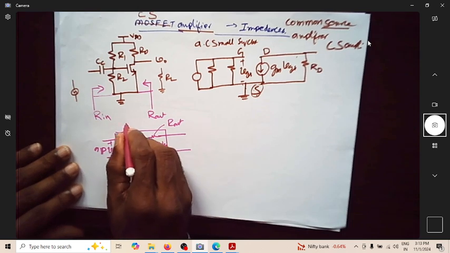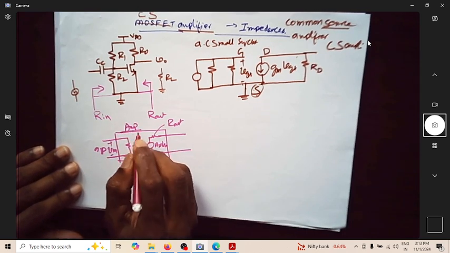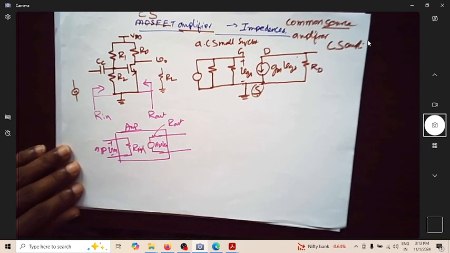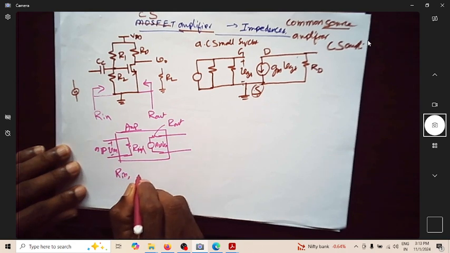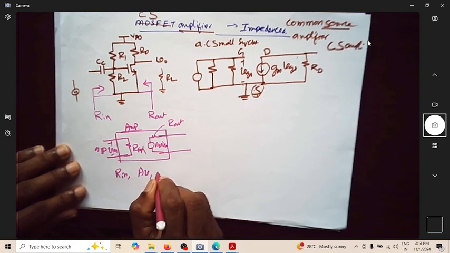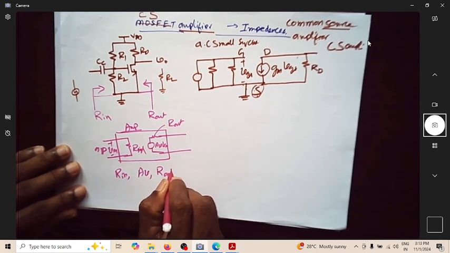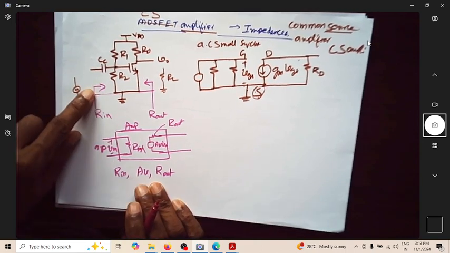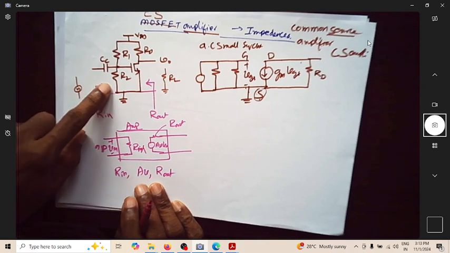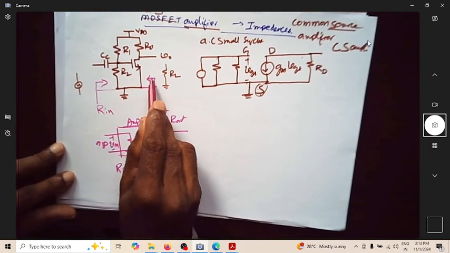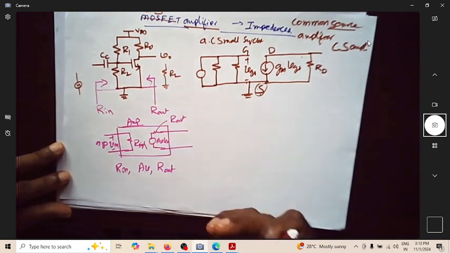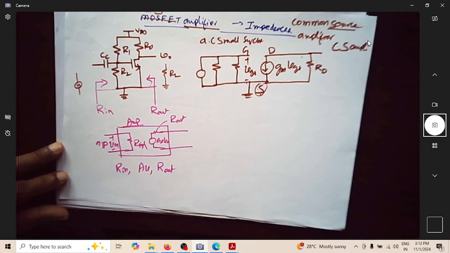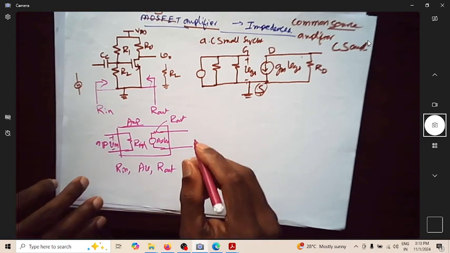So this is the typical amplifier block diagram representation. It is going to have an R in, a voltage gain, and some R out. R in is the impedance looking into the amplifier, and R out is the impedance looking towards the output side. From the output, if I look into it, what is the impedance?